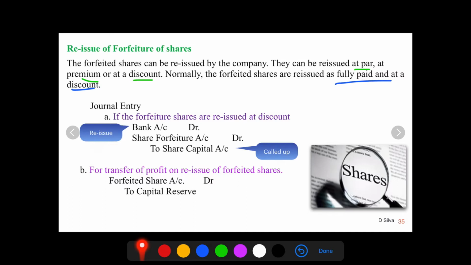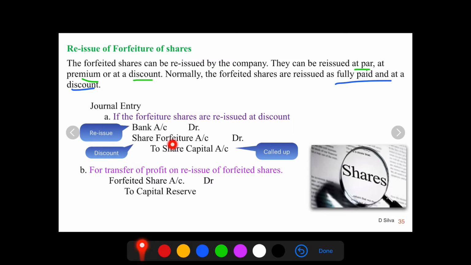And the share forfeiture account is being debited because it is now reissued at a discount. This concept you will understand better while we work out the problems. Now because the shares are being forfeited and the shares are being reissued after forfeiture, the company is going to make a gain.